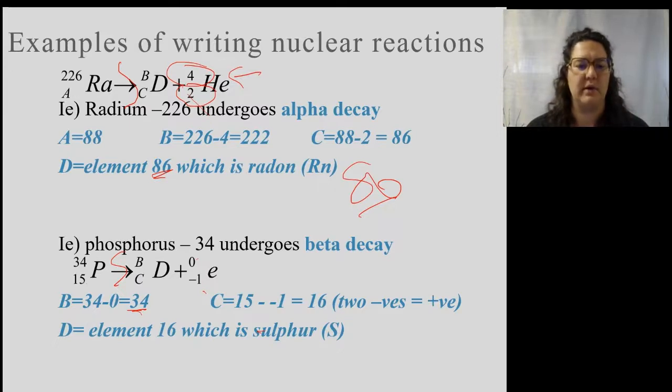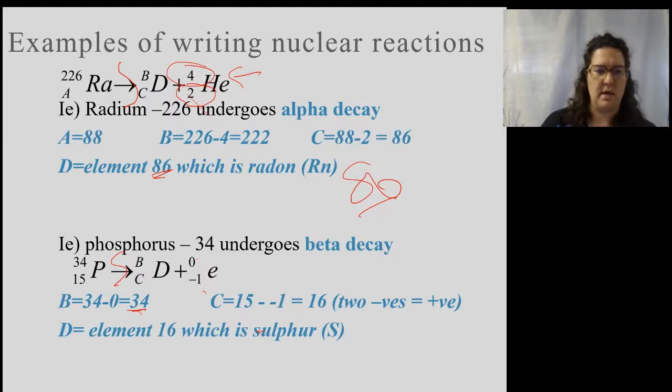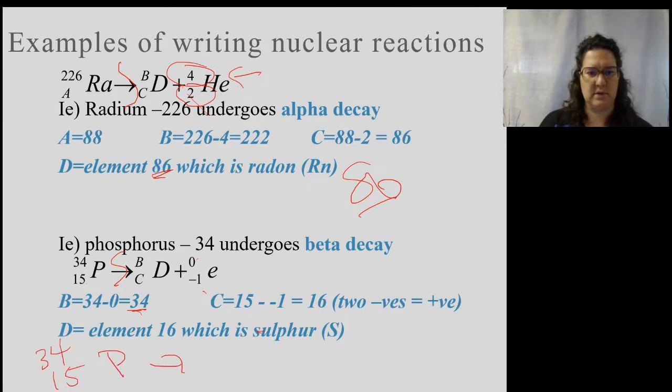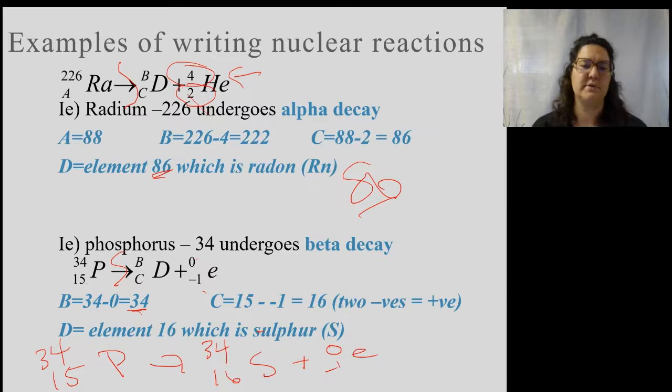So we can rewrite our equation as 34 over 15 phosphorus produces 34 over 16 sulfur plus 1 electron. So that would be our new equation.